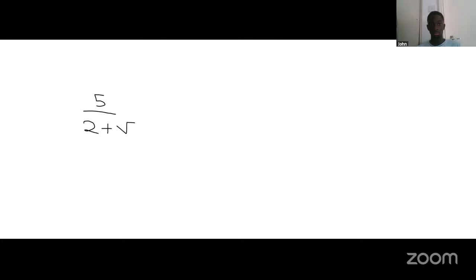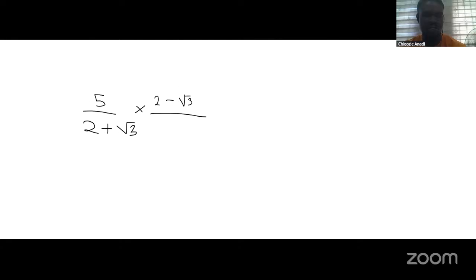Okay, so as I said before, we have 5 all over 2 plus root 3, right? Yes, sir. So if you were to rationalize this, this would be times 2 minus root 3 all over 2 minus root 3.